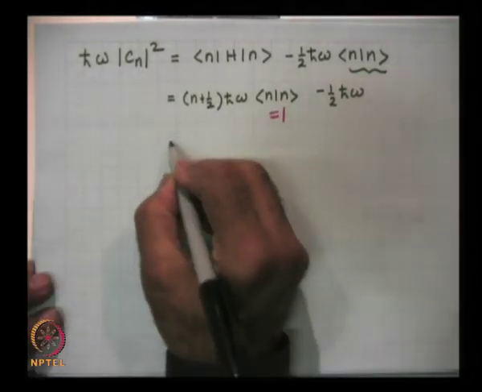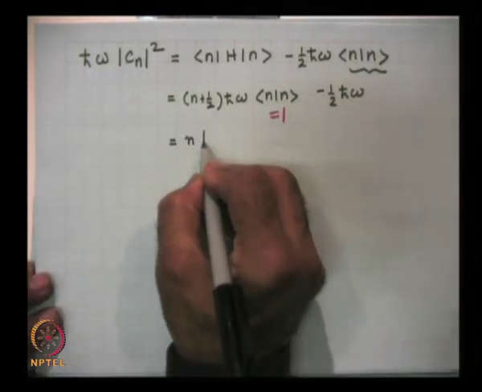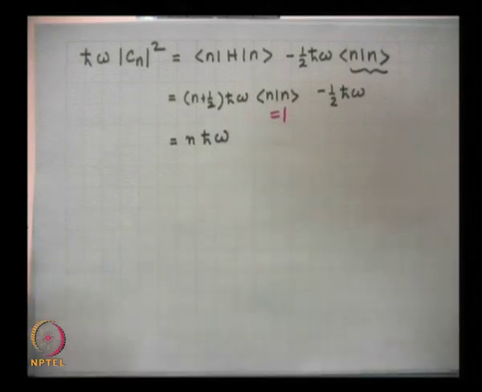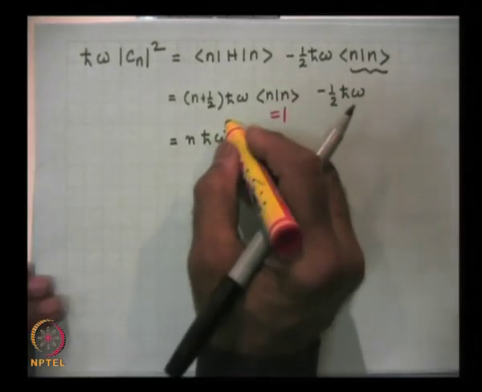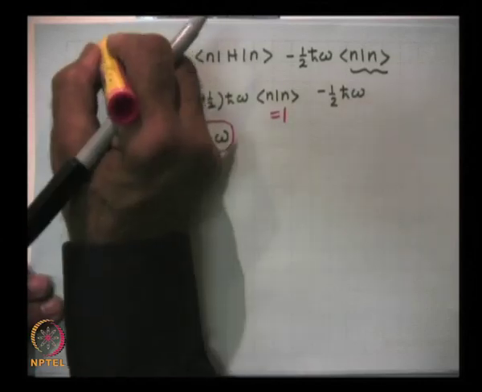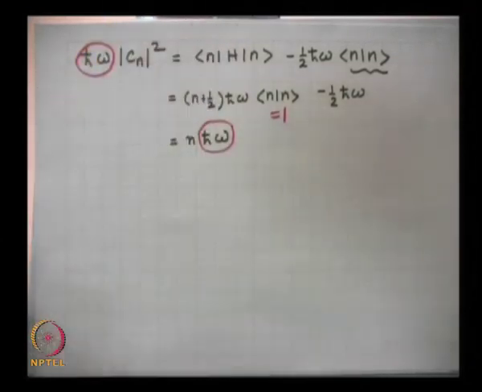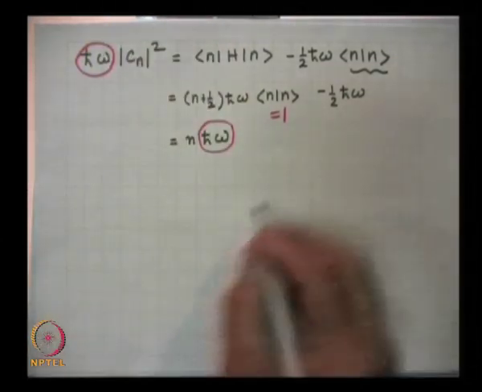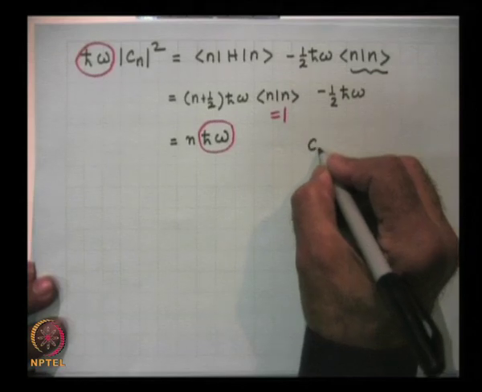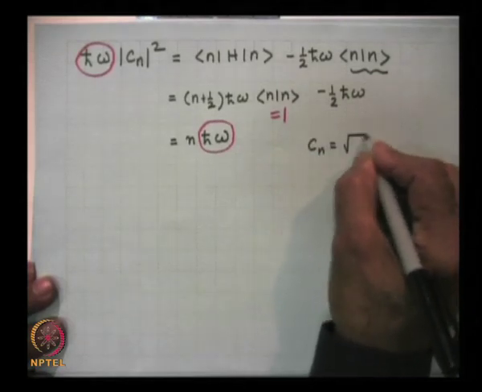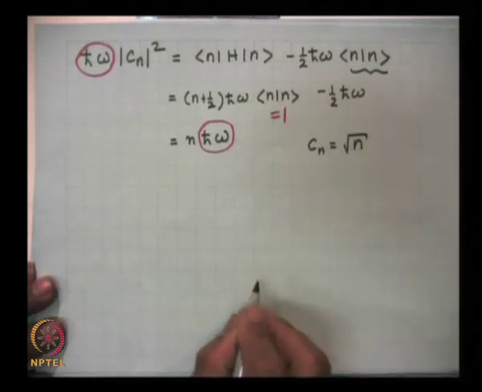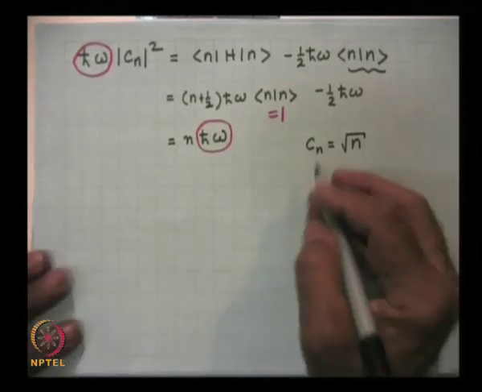So, this will be equal to n h cross omega. So, this factor and this factor cancel out, and we obtain, within a phase factor, c n is equal to under root of n.